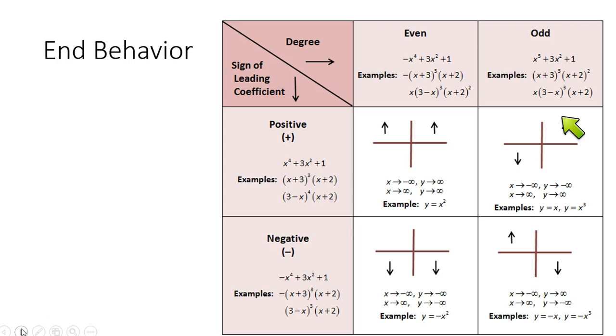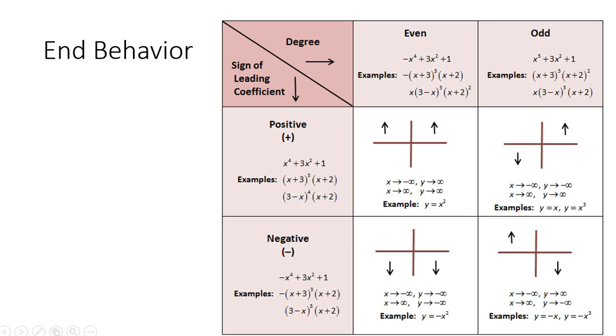And if it's odd, the left is going to do the opposite. But if it's even, the left will do the same. All negative functions, or functions with a negative coefficient, will fall on the right. But if it's odd, on the left it's going to do the opposite. But if it's even, on the left it's going to do the same.